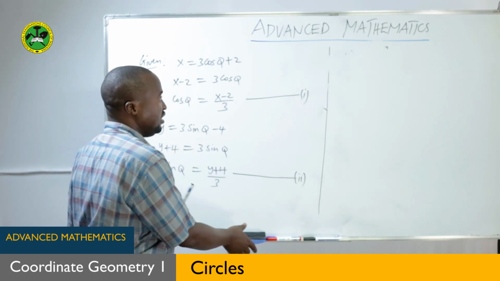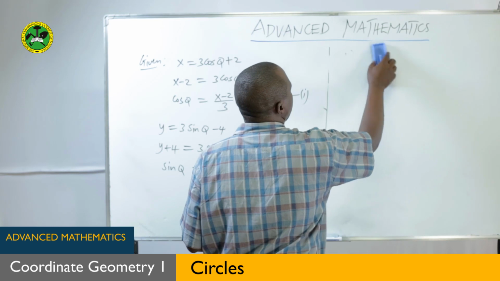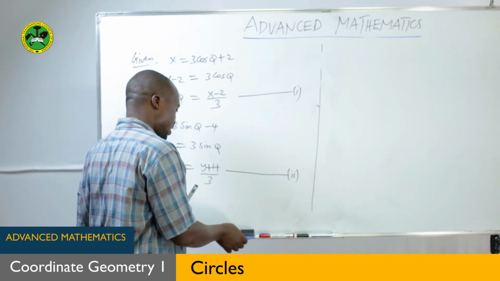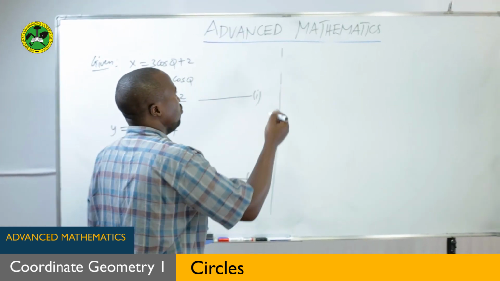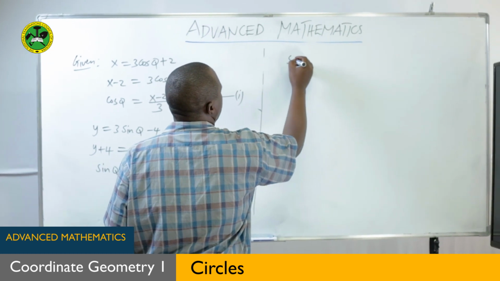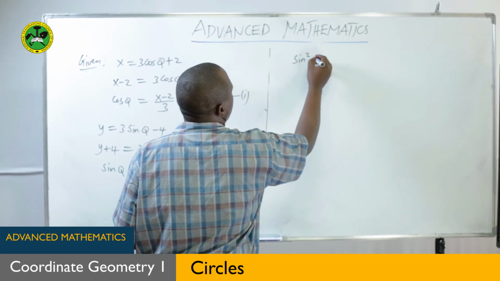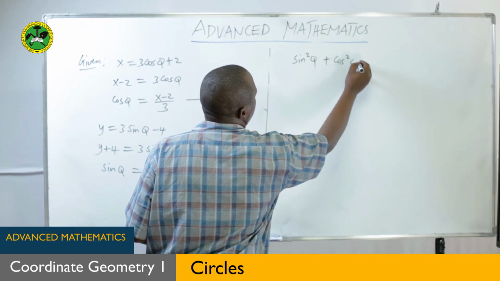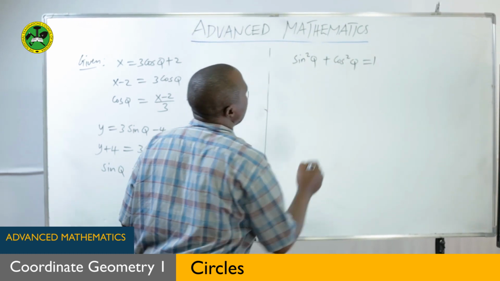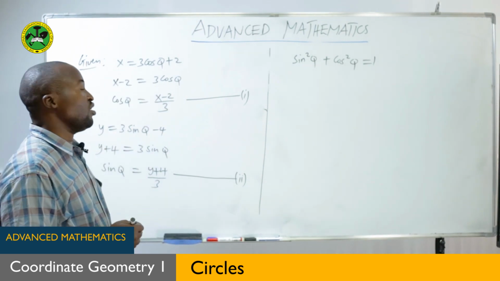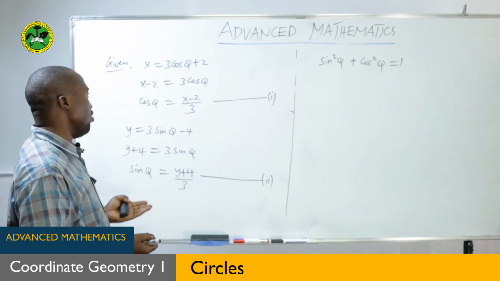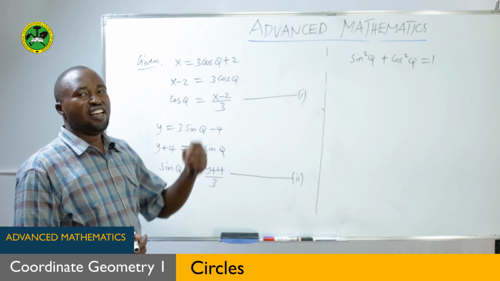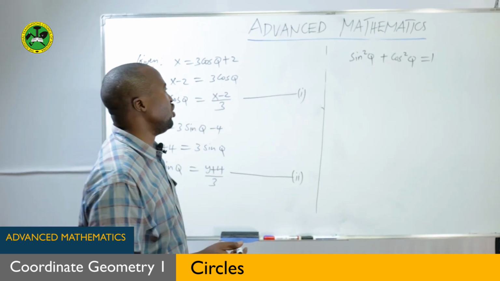So you remember the identity formula of sine and cosine, which says sine squared q plus cos squared q is equal to 1. So we can substitute values of sine and cos in that equation.